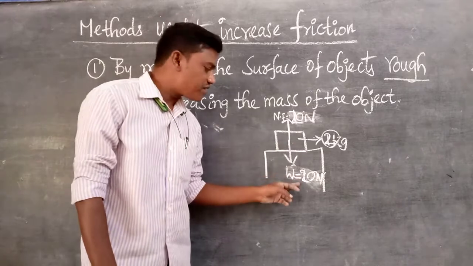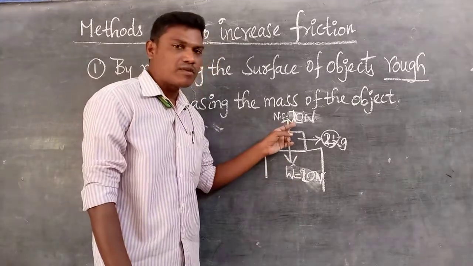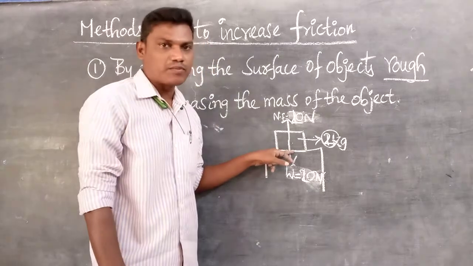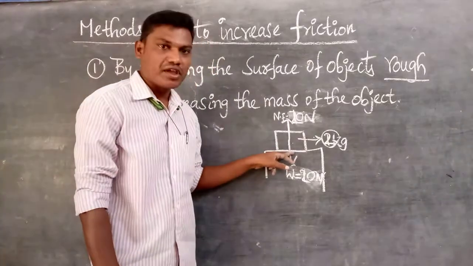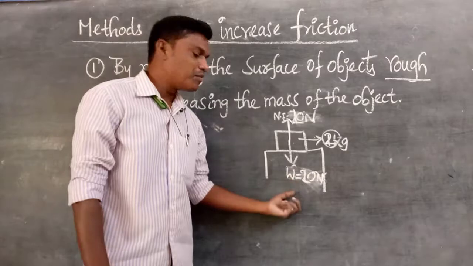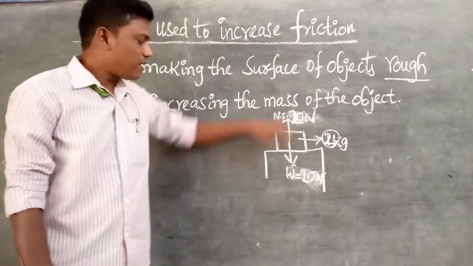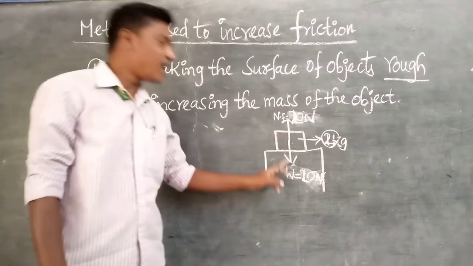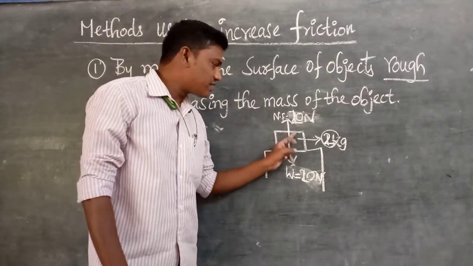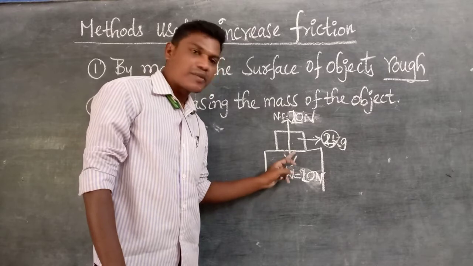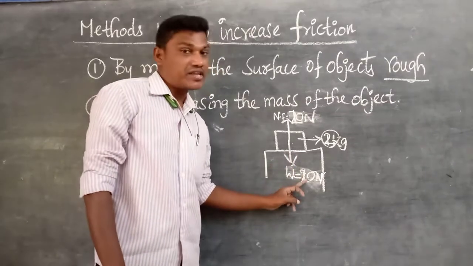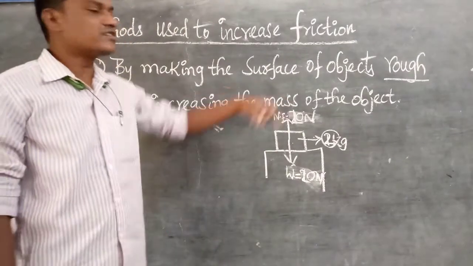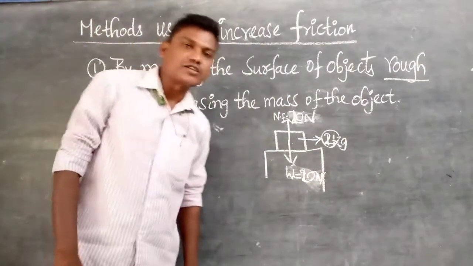Otherwise, if gravitational force increased but the normal force did not increase from the surface of the table, what would happen? The body would pass through the table and fall onto the ground. But that is not possible. So when the mass increases, the weight of the body increases, then the normal force also increases. If normal force increases, frictional force also increases.